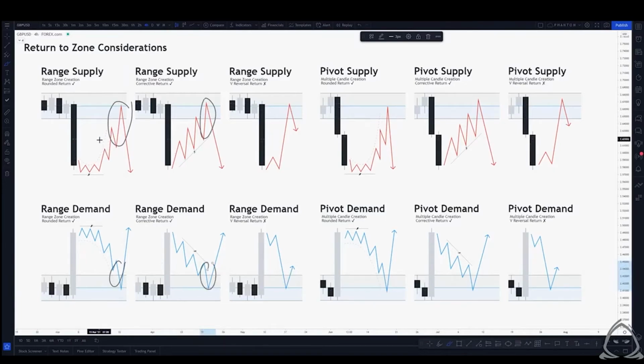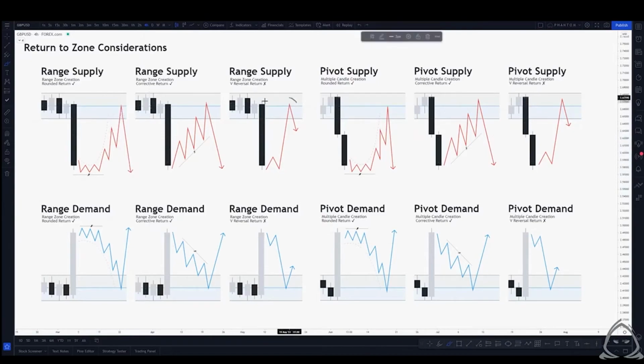So a larger move into supply or a larger move into demand. Often what that ends up being is an even higher probability that the move is going to be more aggressive to the downside. And it's really just on that last leg.